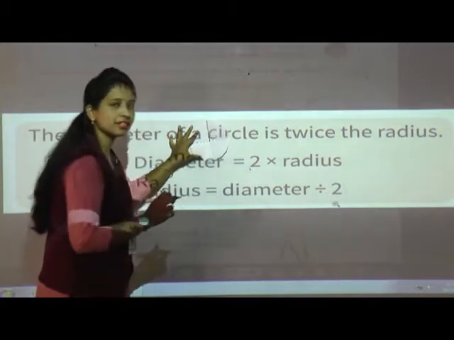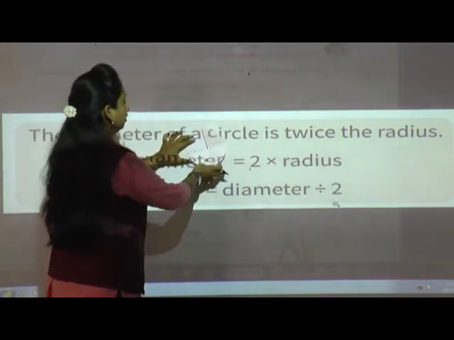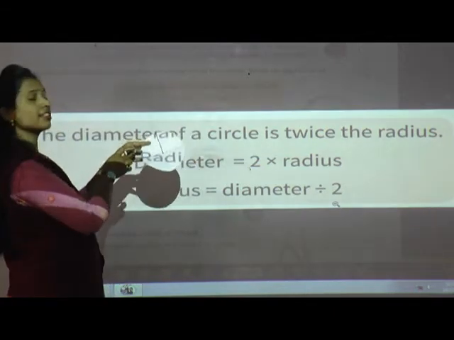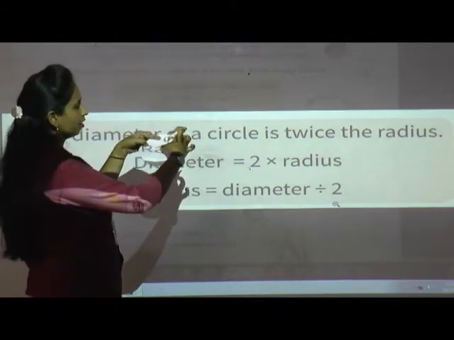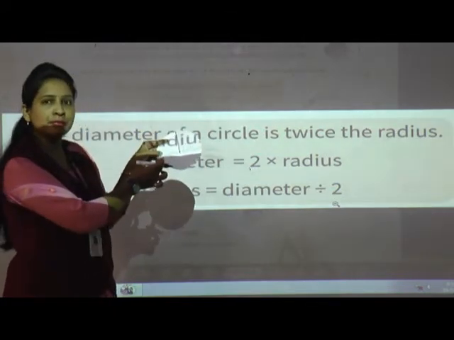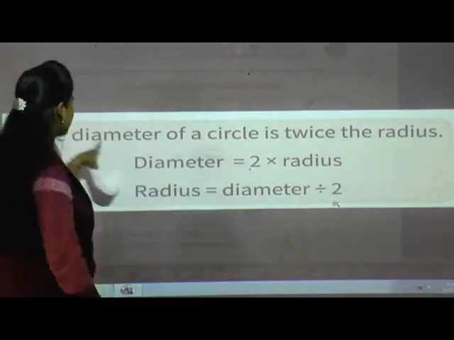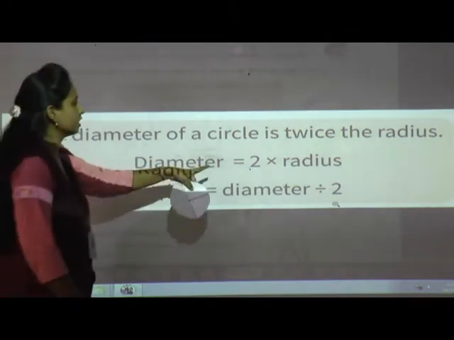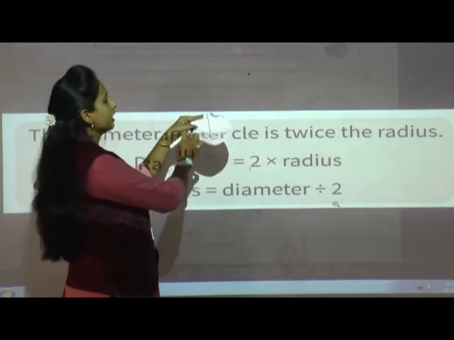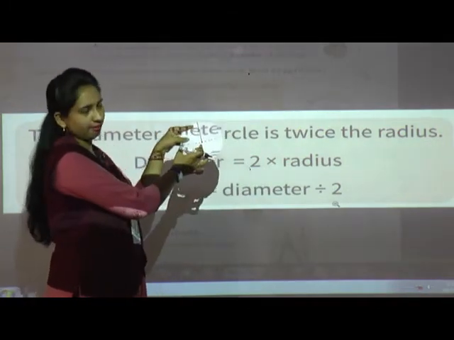It starts from the center and ends at the circle, both sides lie on the circle, it's a diameter. So you can see this distance 2 times means radius, 2 times means diameter. Exactly as they said, diameter is equal to 2 multiplied by radius, meaning in a diameter 2 radii are there.